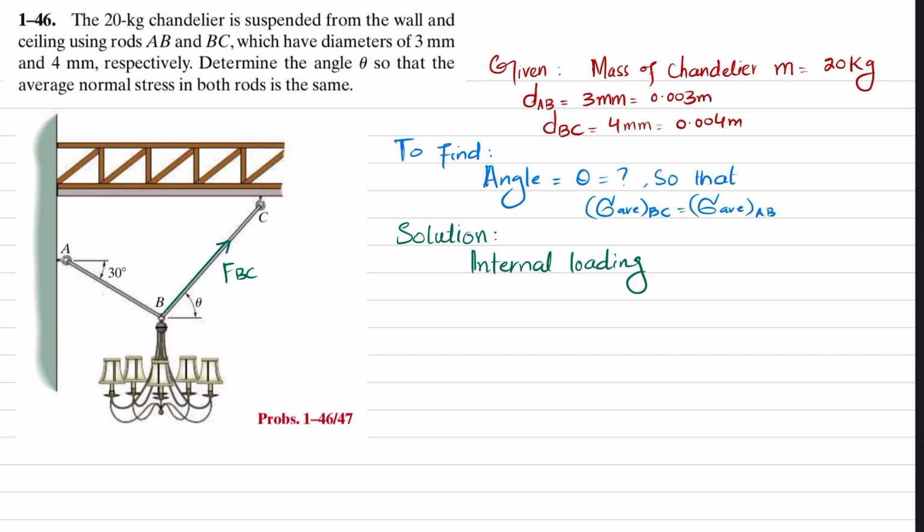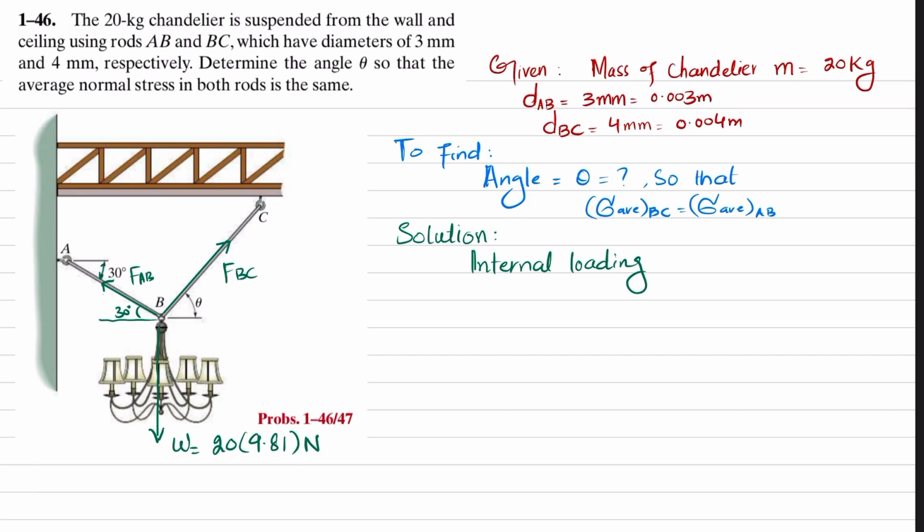Similarly, the force in rod AB is FAB, and it is also making an angle of 30 degrees with the horizontal, because these are vertical angles. The weight of the cylinder is downward, and this weight is equal to 20 kg into 9.81, in Newton.